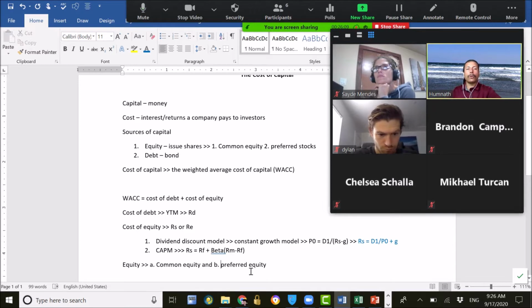If we summarize all of this information, we can come up with a pretty nice formula for the weighted average cost of capital.